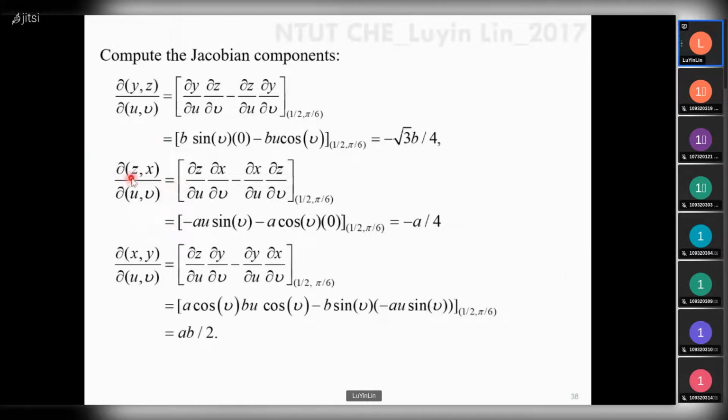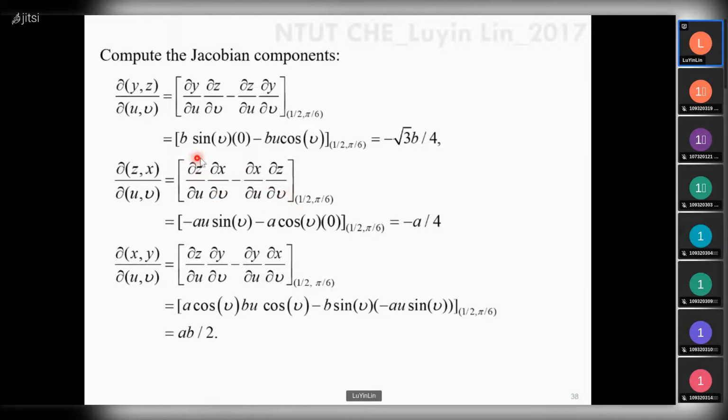Partial zx, partial uv is for the y component, for j in ijk. So you display this one, use Jacobian, and you will get partial zx, partial uv minus partial xz, partial uv.